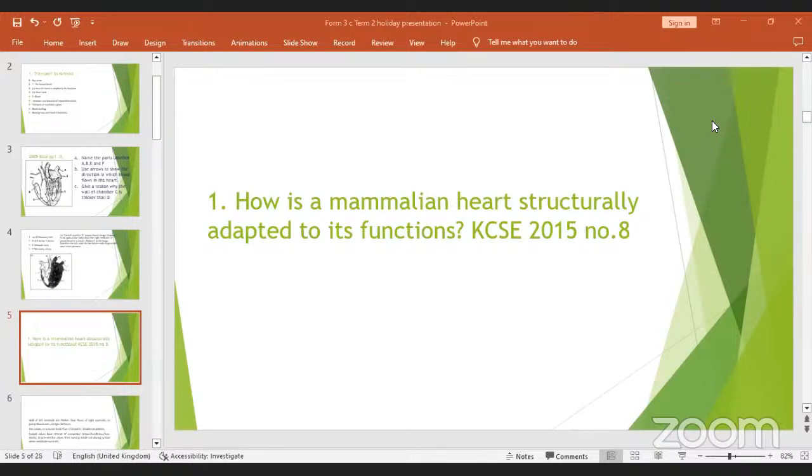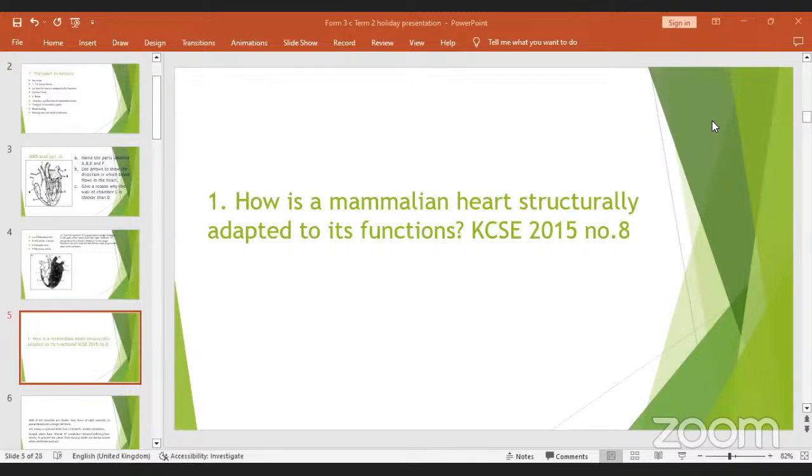It has tendons. No, you don't say that it just has tendons. It has tendons which are inelastic. That's why they prevent the valves from turning inside out.